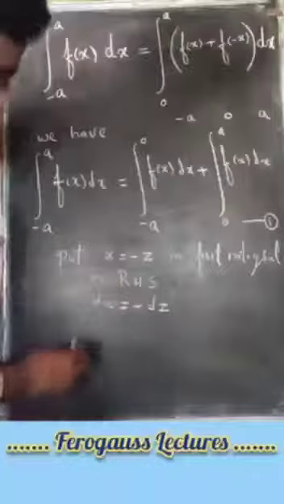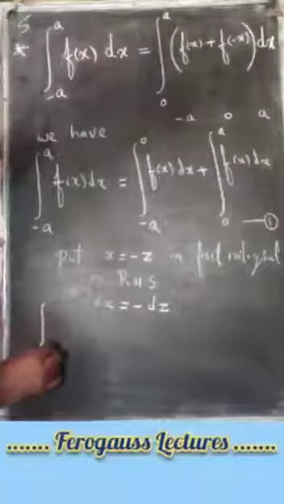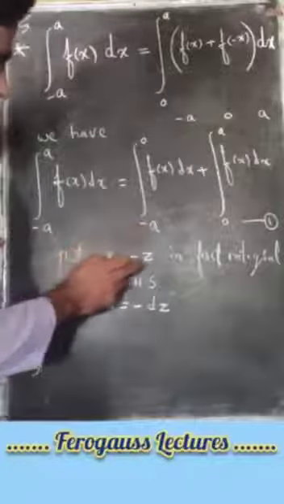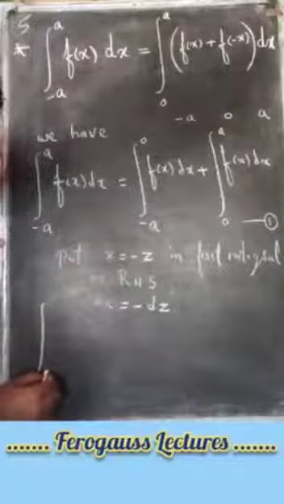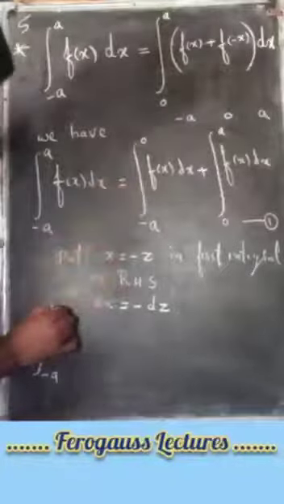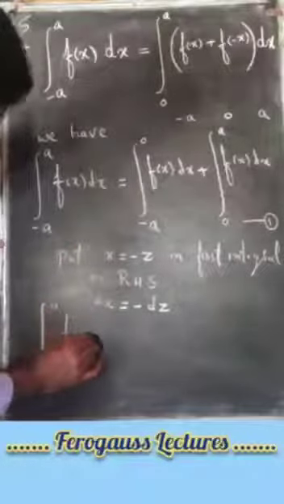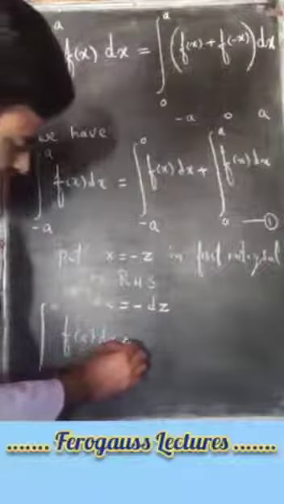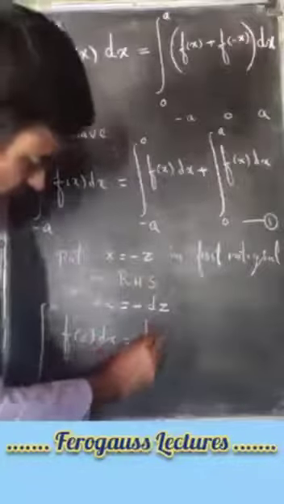So we can write when x is equal to minus a, we get z equal to a. Let us first write the integral, which is minus a to 0 f(x) dx equal to integral.